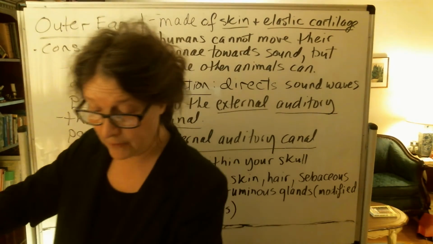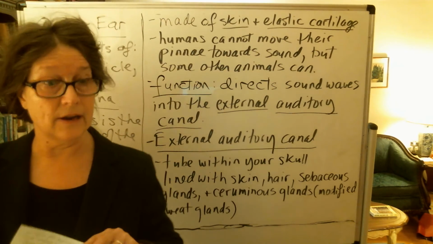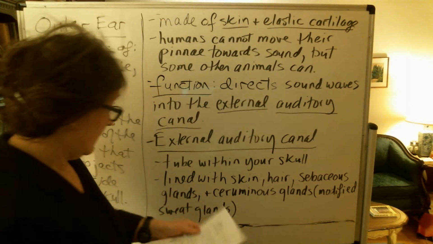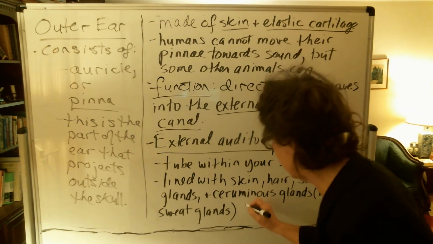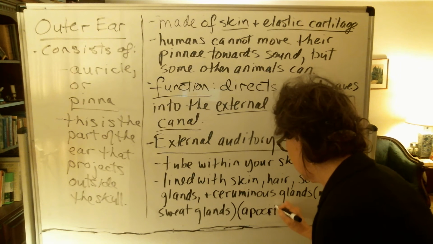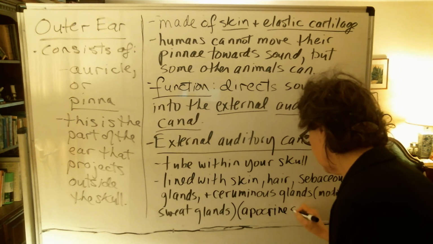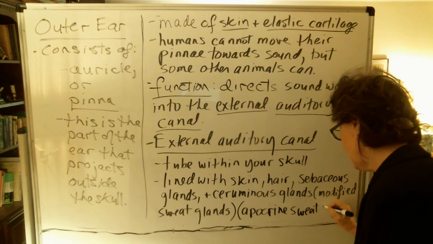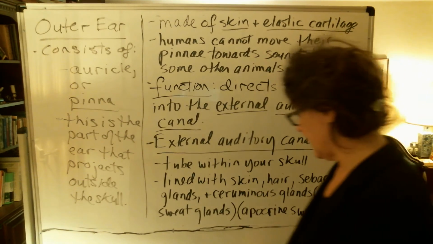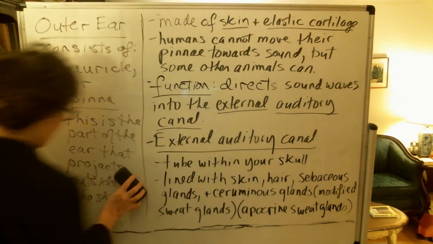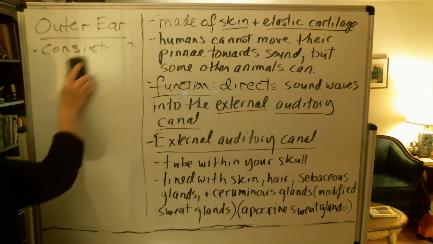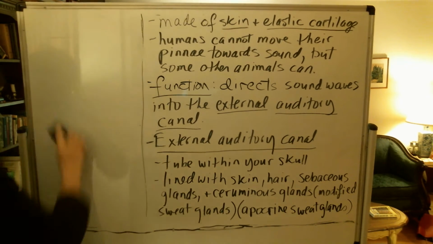Various different glands in your body are in fact modified sweat glands. I'm going to add to this, by the way, that these are modified apocrine sweat glands. You remember there are eccrine sweat glands and apocrine sweat glands. The eccrine sweat glands are the ones that make the watery sweat that keeps you cool. The apocrine sweat glands are the ones that make the smelly sweat.